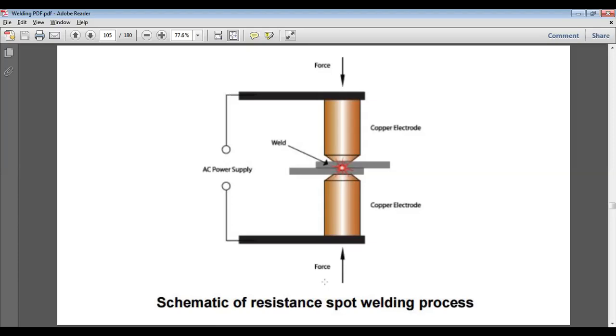This is the spot welding process where we have two electrodes. One is cathode and the other is anode, or if there is an AC supply, the polarity keeps on changing. When we have two plates to weld, in between we have two copper electrodes, and we push both electrodes from the upper and lower direction.